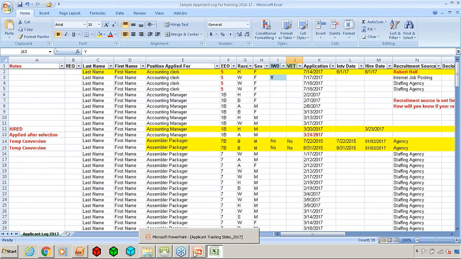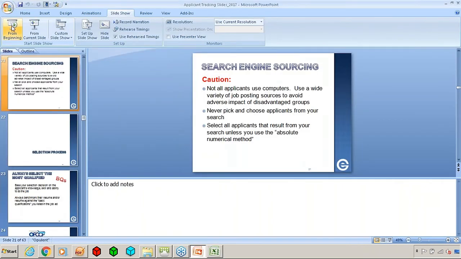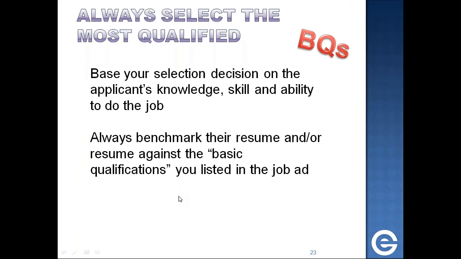Okay, now we're going to go back to our slides. This is our selection process. Remember how I said that the OFCCP may request to see your applications and or resumes. They are looking for the basic qualifications.